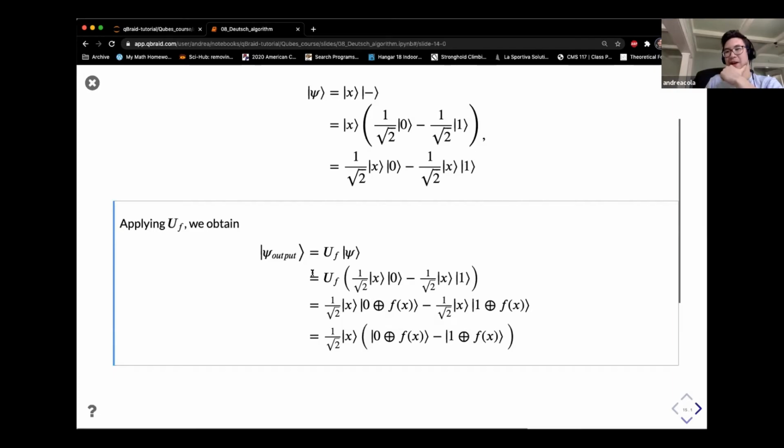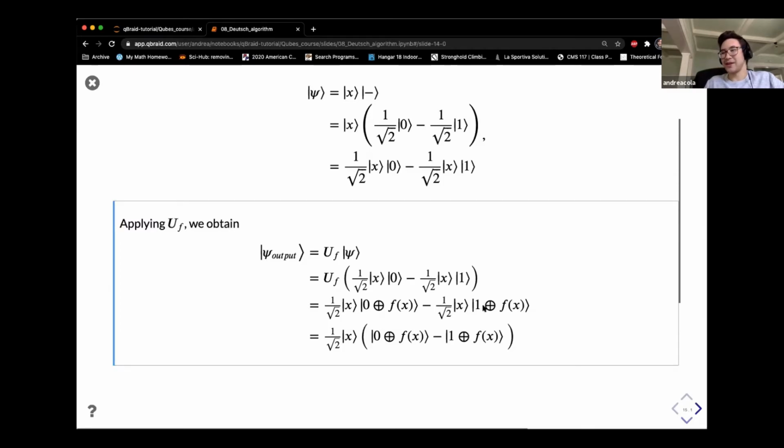Now, if we apply UF to the x0 term, what we get is x. Remember how UF acts: it maps x y to x, y plus f of x. So now y in this case is 0, so we get x and then 0 plus f of x. Then when UF acts on the second term, the x1 term, because the y qubit is 1, you always get x on the first qubit. That never changes. And you get 1 plus f of x.